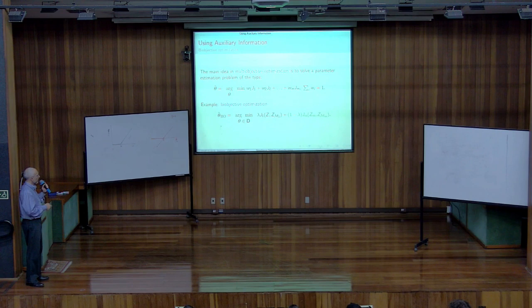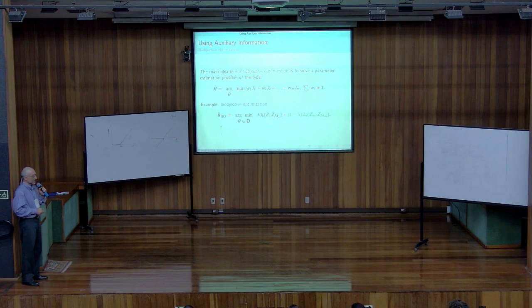Okay. So the example I'm going to show you is basically this. Here we have the bi-objective optimization problem. One cost function is here, the other cost function is here.